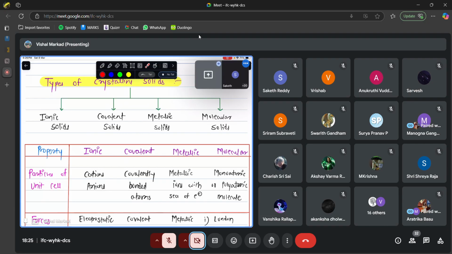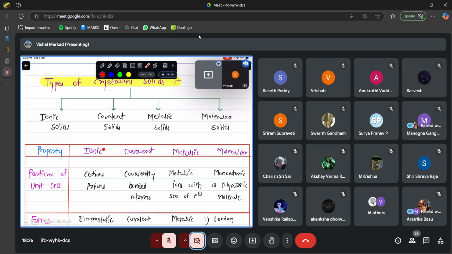So who can be A and B atoms? What are the particles? Na plus and Cl minus. Both are ions, that is cations and anions. So in case of ionic solid, atoms can be cations and anions. What are the particles of the unit cell? Means what are the atoms in that?